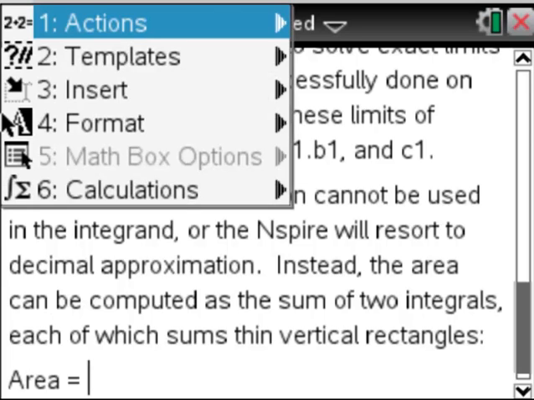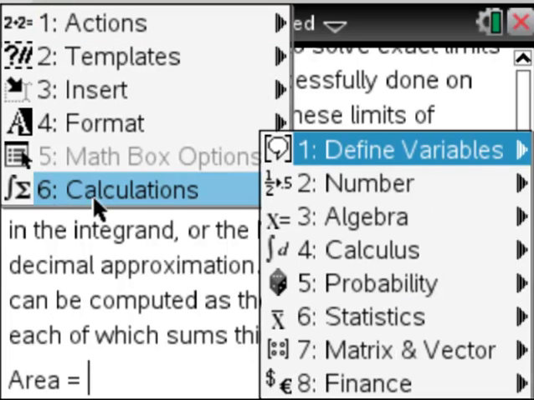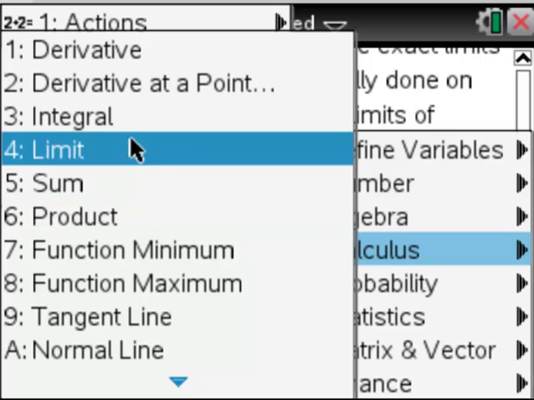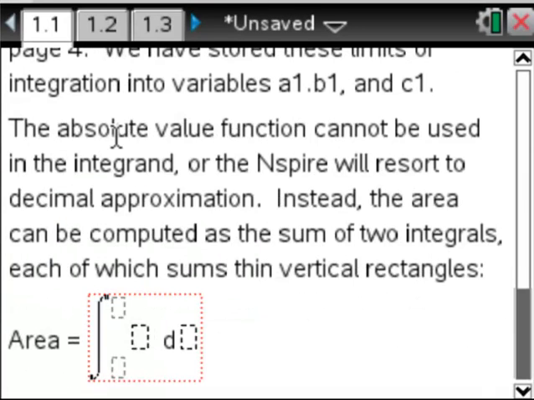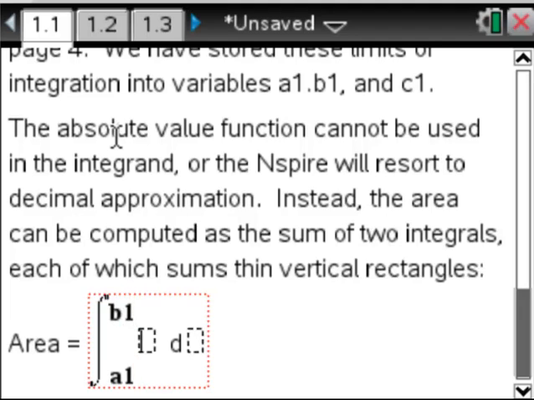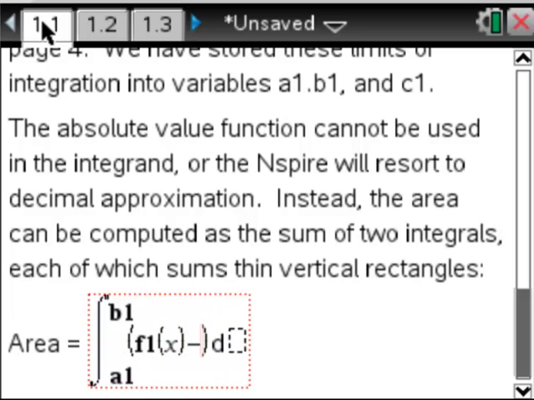So, menu, calculation, calculus, integral. A1, tab to B1, tab, f1 of x minus f2 of x, tab, dx for the width of each rectangle.